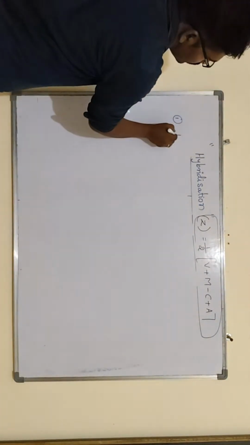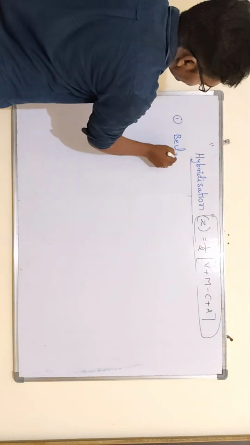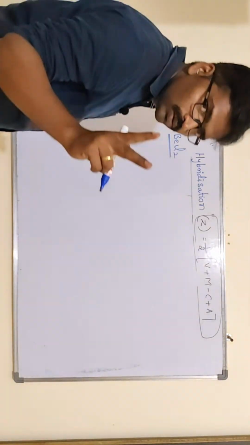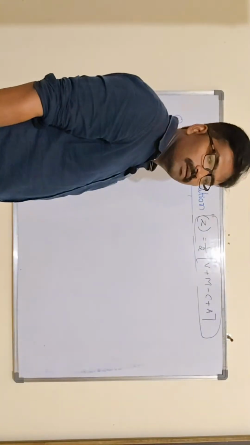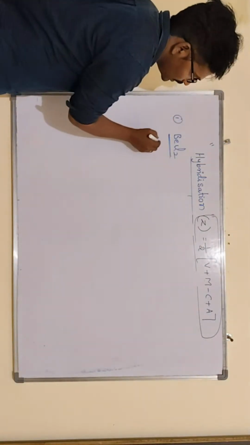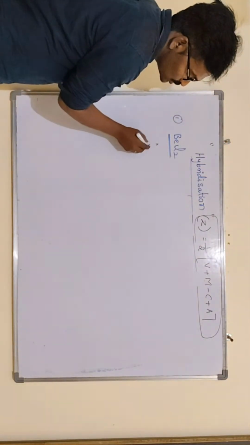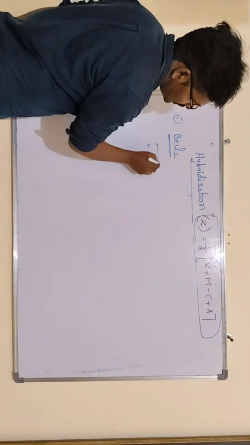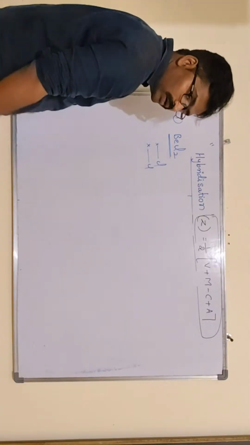The example number 1, BeCl2. Beryllium belongs to the second A group element. So we know that second A group element contains only 2 electrons. Chlorine is a monovalent atom. Each electron can combine with 1 chlorine atom.